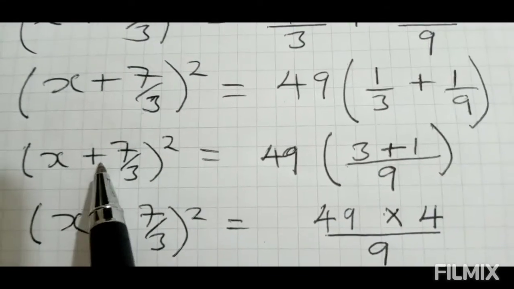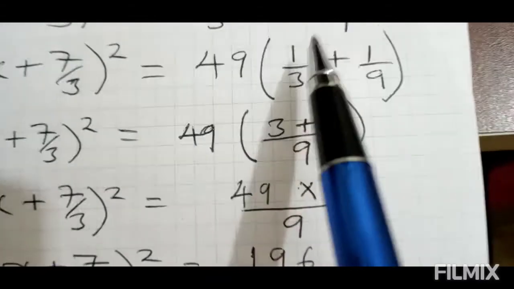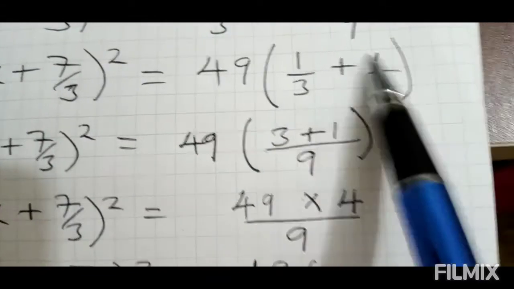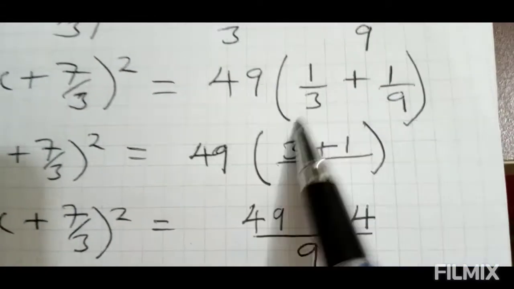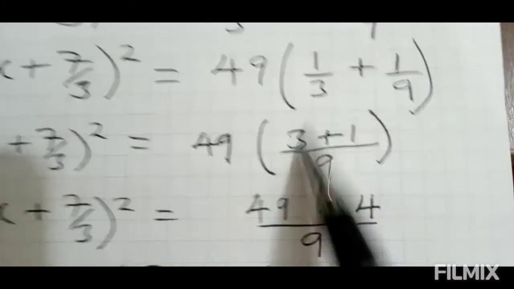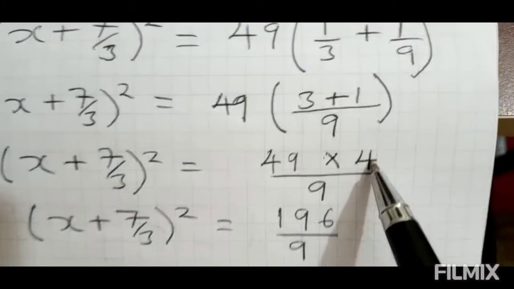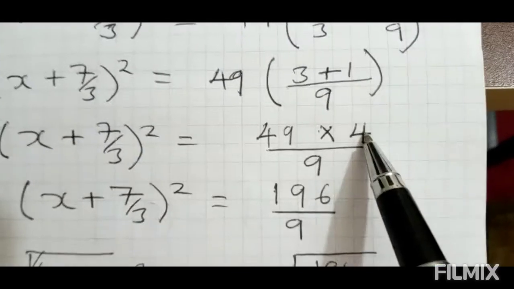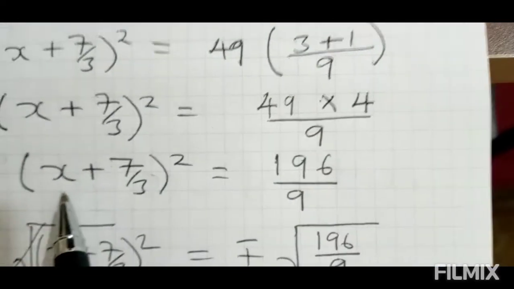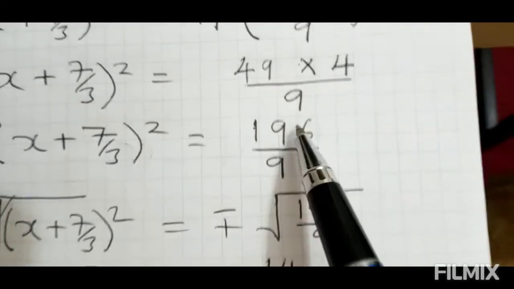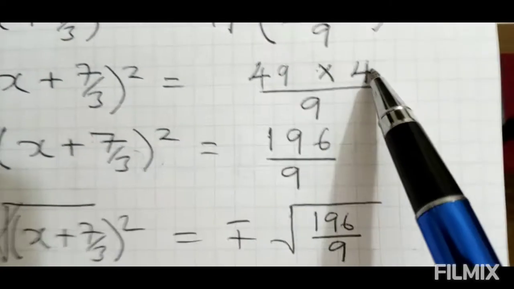Of course, 49 is common here, we can factor it out. So we remain with 1 over 3 plus 1 over 9. Common denominator is 9. When we do that, we're going to find out that is 4 when we simplify. So we have x plus 7 over 3 squared is equal to 196 over 9. 49 times 4 is 196, so over 9.